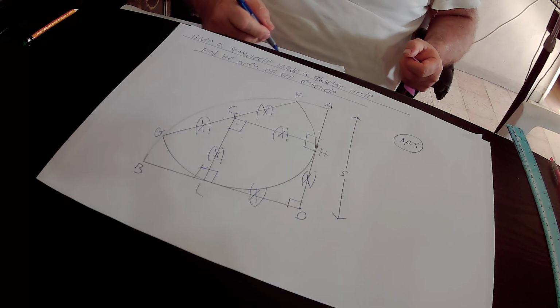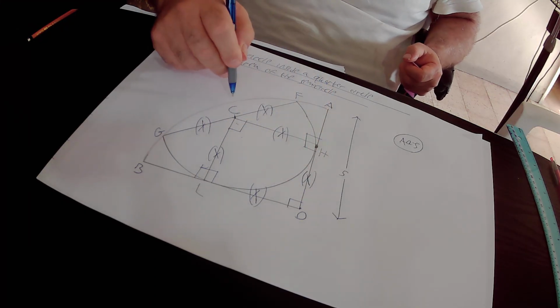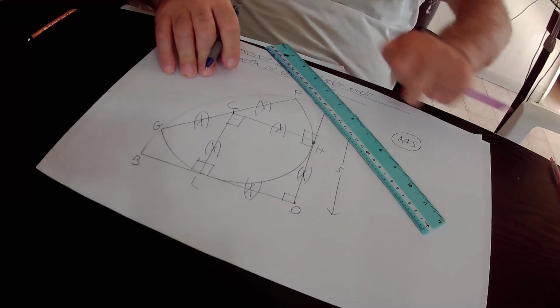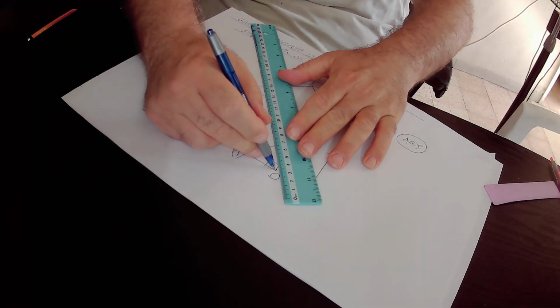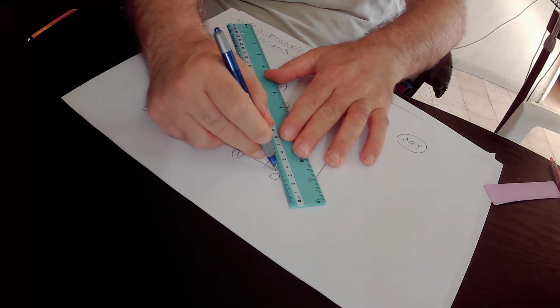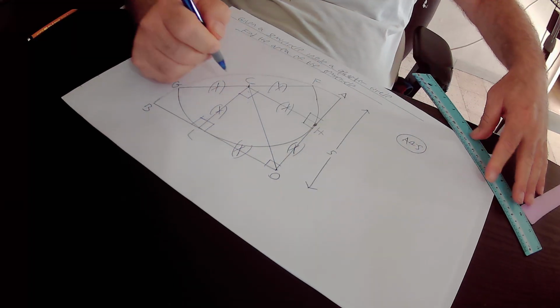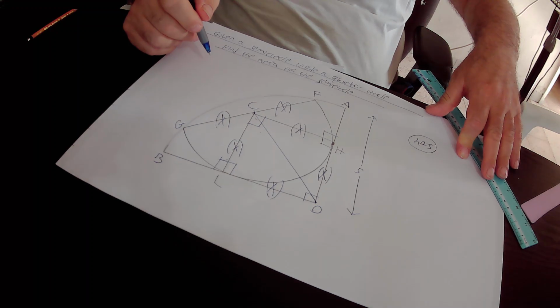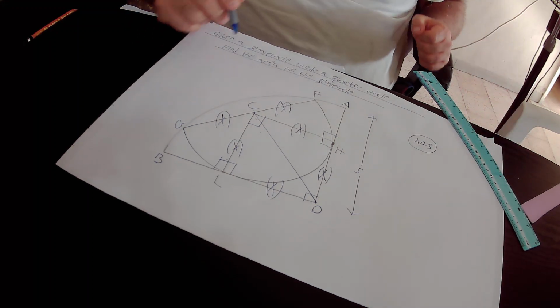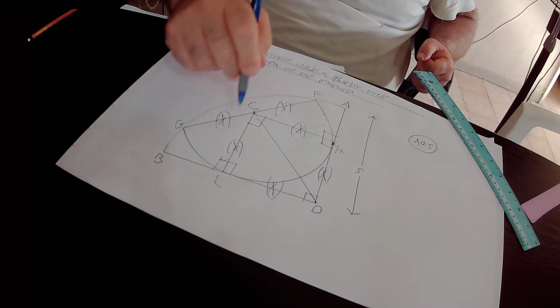So in the next step, we join points O and C together by a straight line. By joining points O and C, we create the right-angled triangle, triangle CLO.